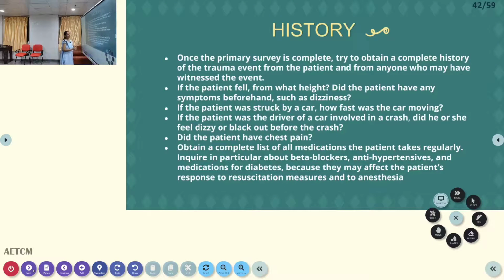If the patient was the driver of a car involved in a crash, did he or she feel dizzy or black out before the crash, or have chest pain? Obtain the complete list of all the medications the patient is taking regularly, especially beta blockers, antihypertensives, and medication for diabetes, because they affect the patient's response to resuscitation measures and anesthesia.